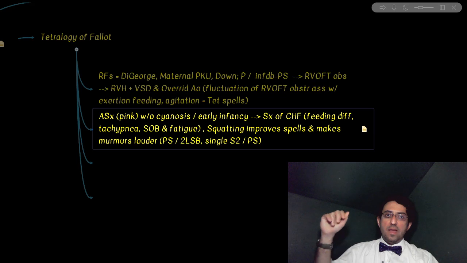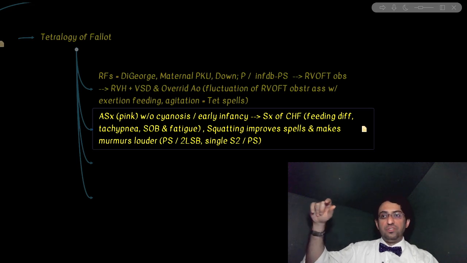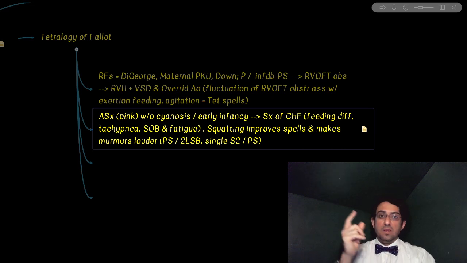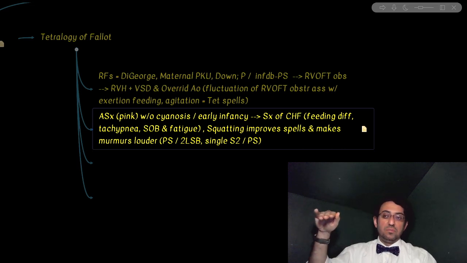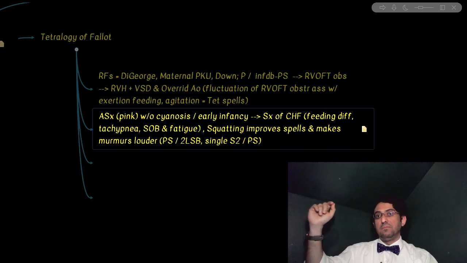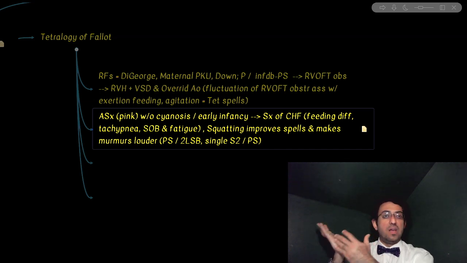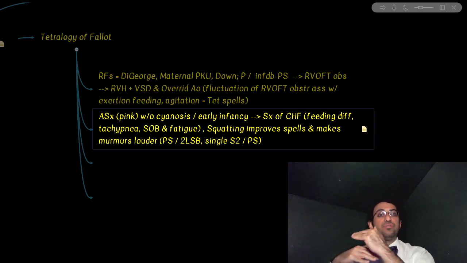We know that increased stenosis will be translated into decreased flow and increased transvalvular gradient. Now, if we had a pulmonic stenosis without ventricular septal defect, like an isolated pulmonic stenosis, increased transvalvular gradient would result in increased murmur of the pulmonic stenosis.